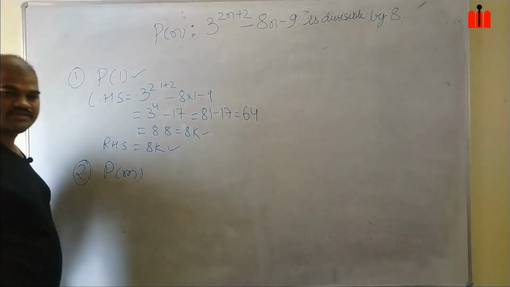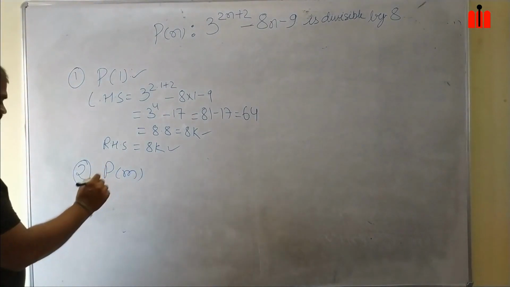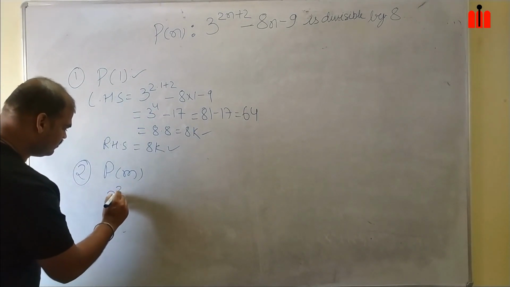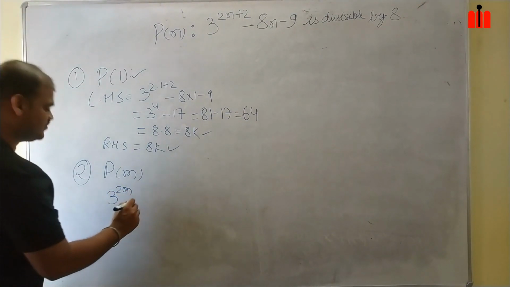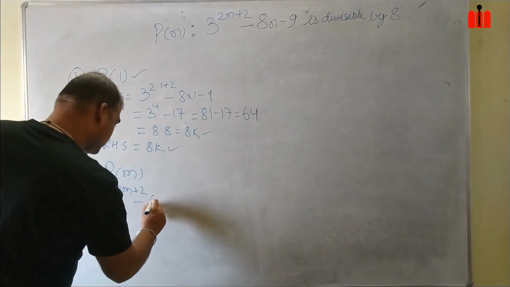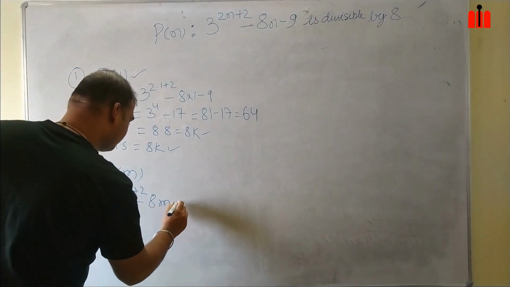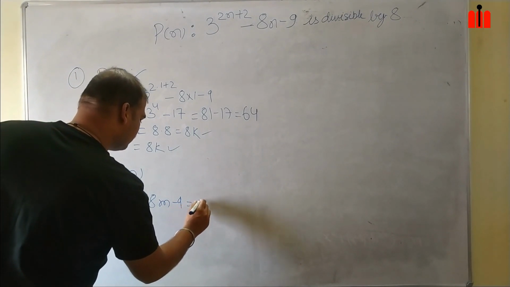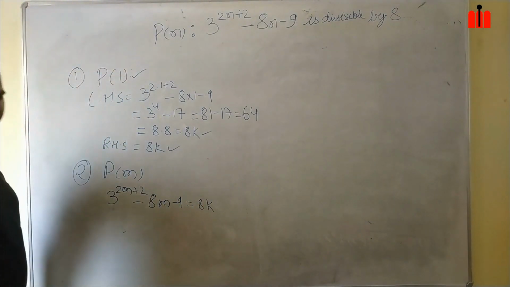In our assumption that Pm is true, we will come up with 3 to the power of 2m plus 2 minus 8m minus 9 is equal to 8k.